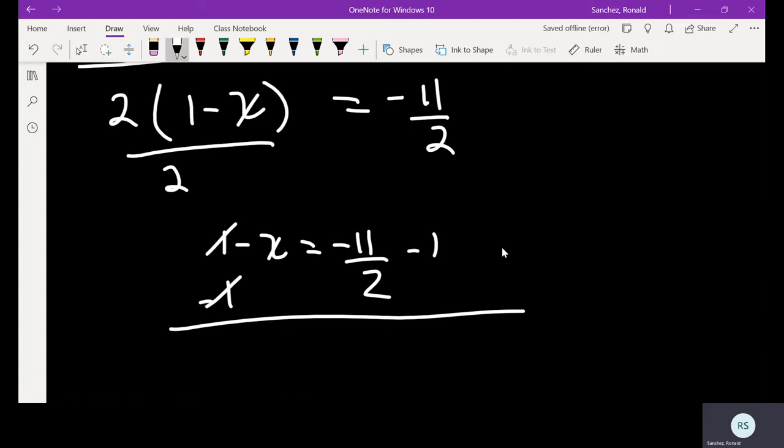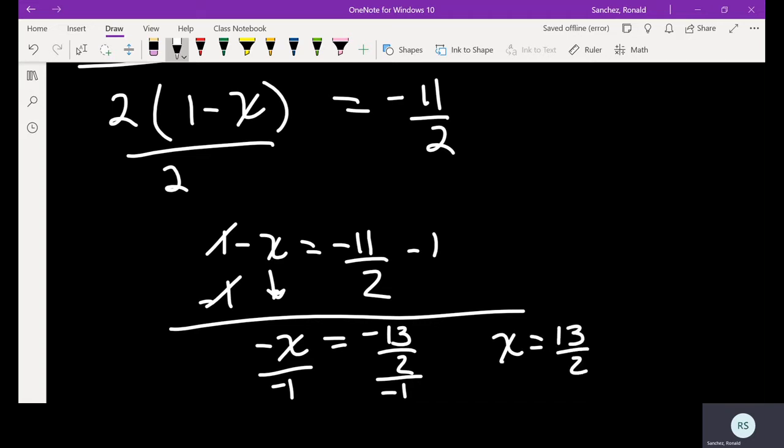These cancel each other out. And now I'm left with, what I was going to say is, a lot of times we forget to bring down this negative. So be very careful when you do that. Well, -11 divided by 2 minus 1, that is -13 divided by 2. And now I can divide by -1 over here, and that is equal to x is equal to 13 divided by 2.